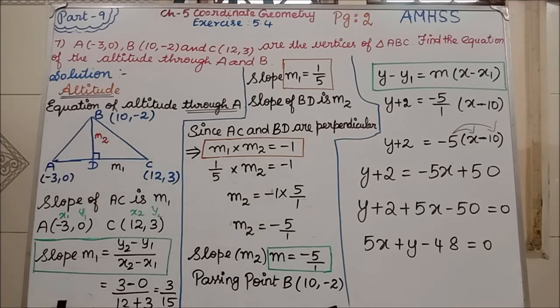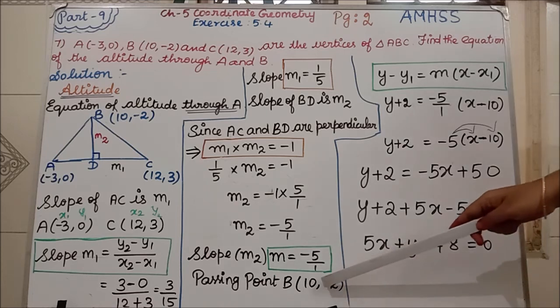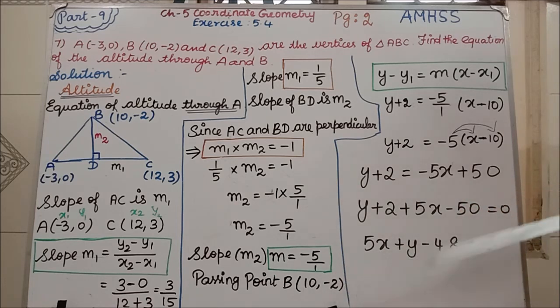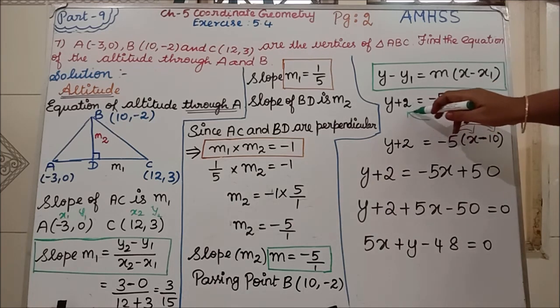Minus 5 by 1. Next, in the bracket, x minus x1 we have. x1 we have 10. This is our x1, this is our y1, isn't it? So x1 is 10.